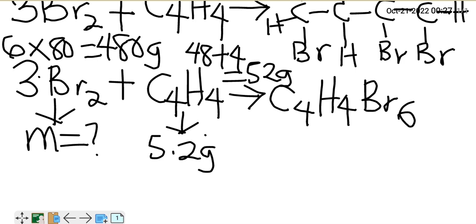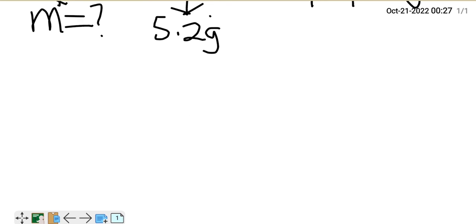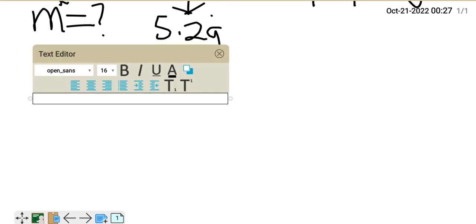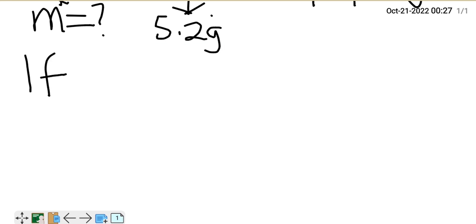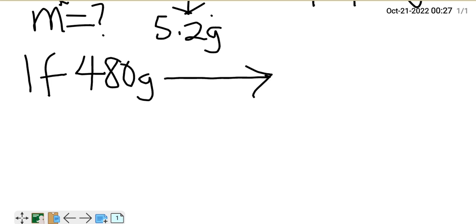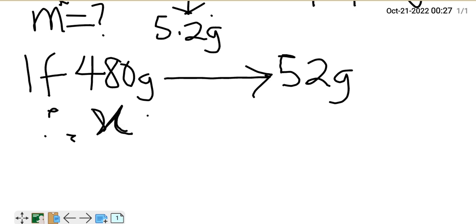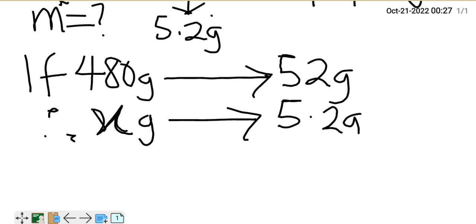So now from the equation, 480 grams of bromine will completely saturate 52 grams of but-1-en-3-yne. That is our principle, and that will be our first line in the equation. So if 480 grams of bromine will react with 52 grams of but-1-en-3-yne, therefore X grams of bromine will react with 5.2 grams of but-1-en-3-yne.